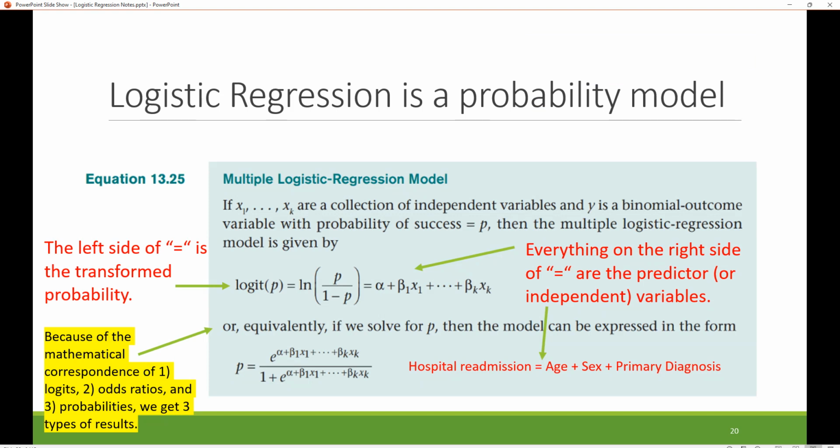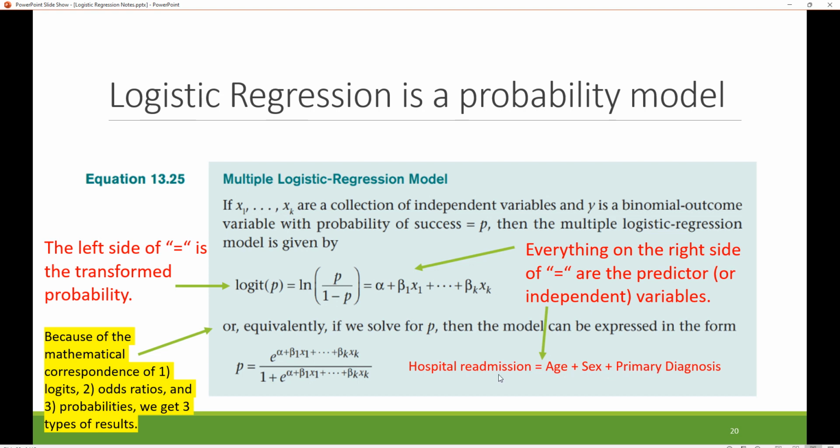Logistic regression is a probability model, and what we mean by that is that on the left side of a formula that we commonly might see, such as the probability of a hospital readmission equals age plus sex plus primary diagnosis.